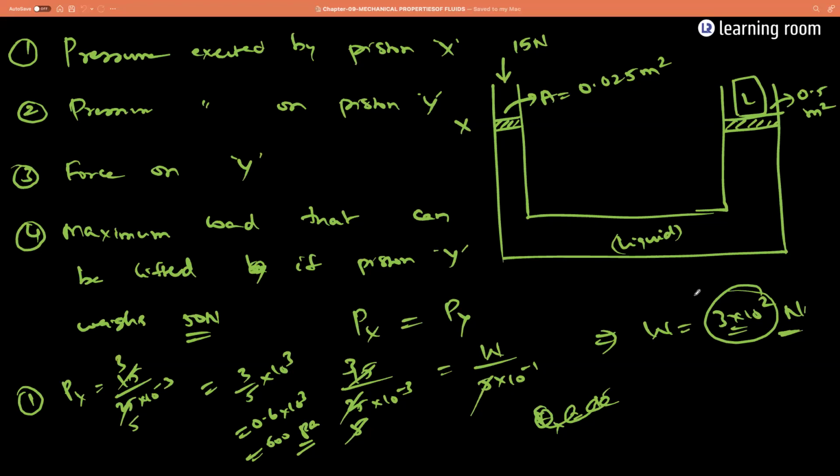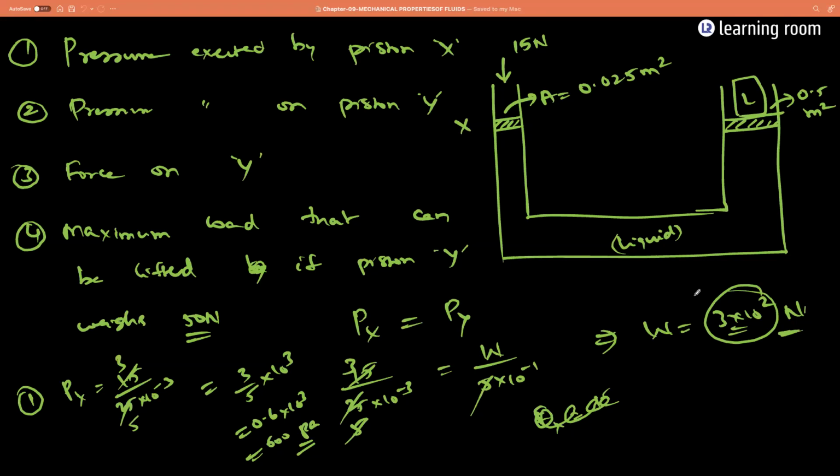So what is the weight of the piston already? According to the fourth question, the weight of the piston is 50 Newton. So the force applied on the thinner side can lift only 300 Newton. Out of 300, how much is gone? Taken by the piston. 50 is taken. So what is the maximum extra load that I can add so that it is able to lift? 250.